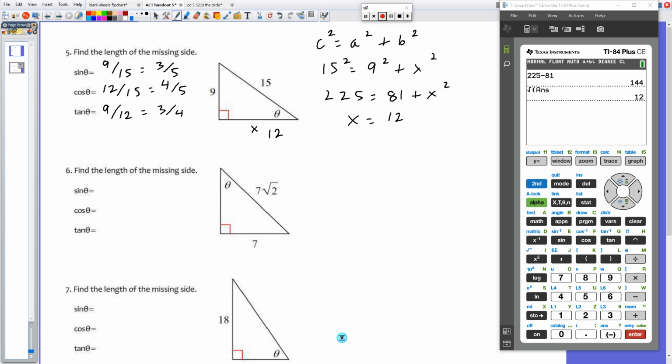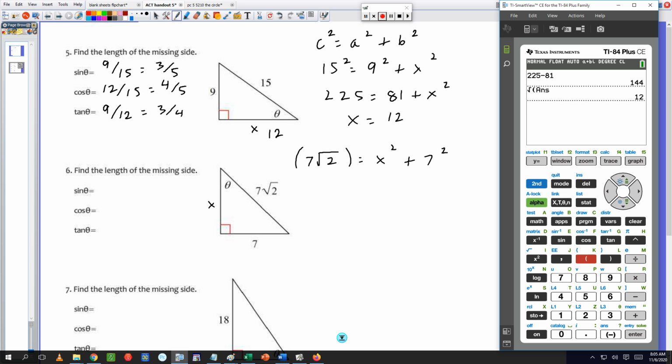Number 6, we'll need to find this leg over here. 7 radical 2 is your hypotenuse. X and 7 are your legs. You take a 7 radical 2. When you square that, you're going to square the 7, which is going to give you 49.